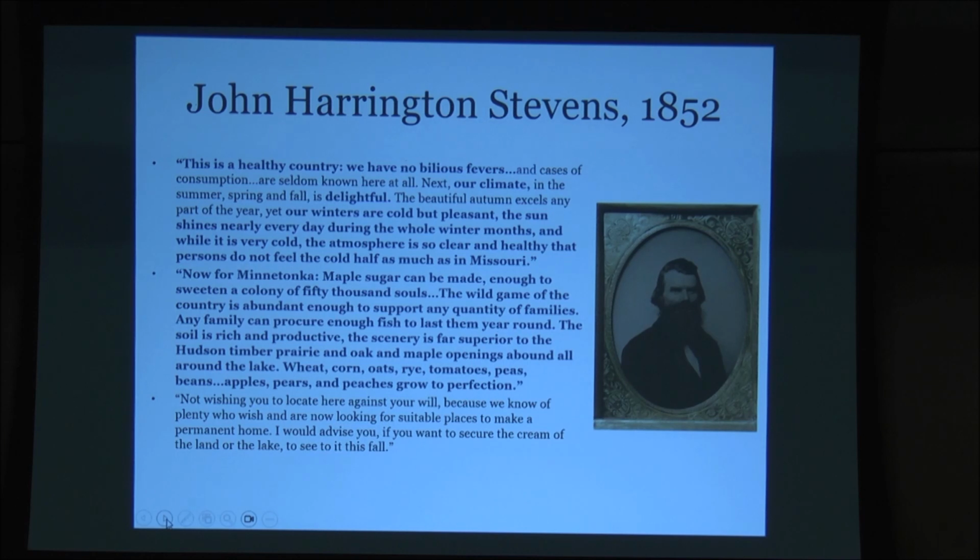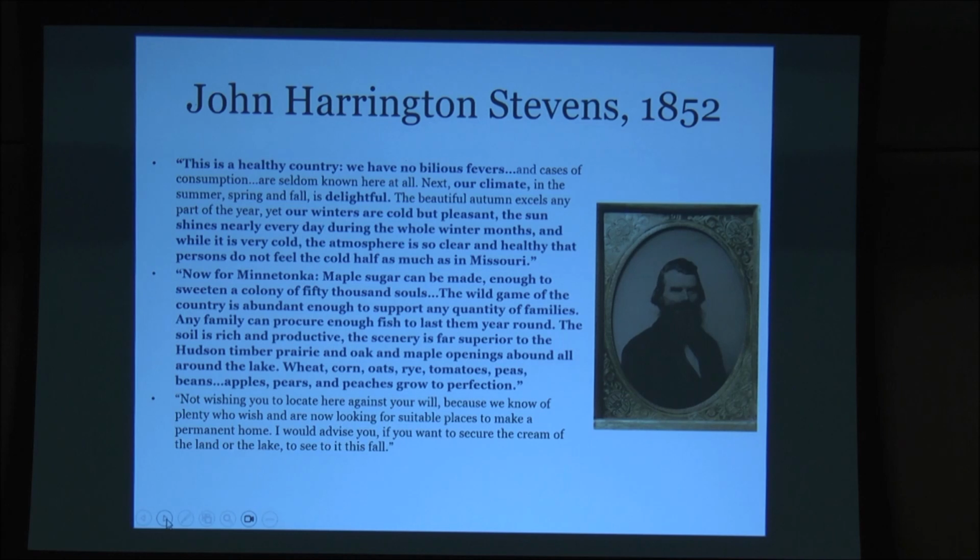The scenery is far superior to the Hudson Timber Prairie, and oak and maple openings abound all around the lake. Wheat, corn, oats, rye, tomatoes, peas, beans, apples, pears, and peaches grow to perfection. And then he finished his letter by saying, we don't really want to force you to come if you're not interested, but if you're interested, you really should come now because there's not going to be much land left by fall.